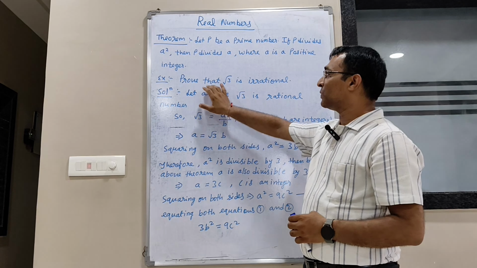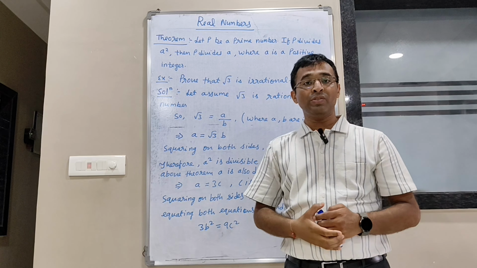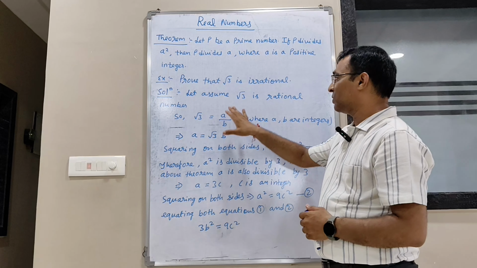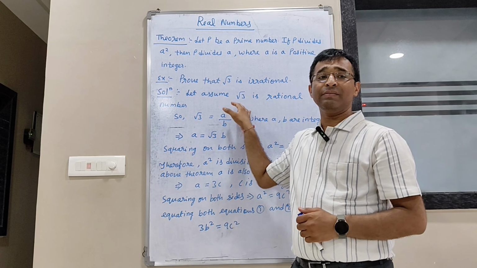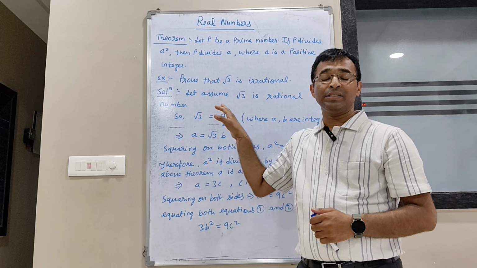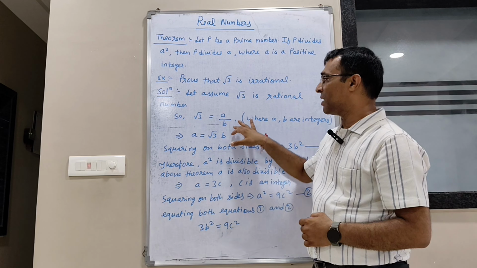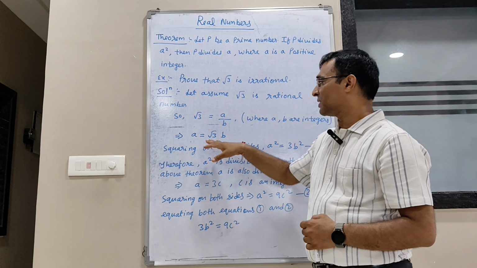Now let's understand this with the help of an example. The question is, prove that root 3 is irrational. In the solution, let's assume on the contrary that root 3 is a rational number. So we can express it in the form of a upon b, where a and b are integers.